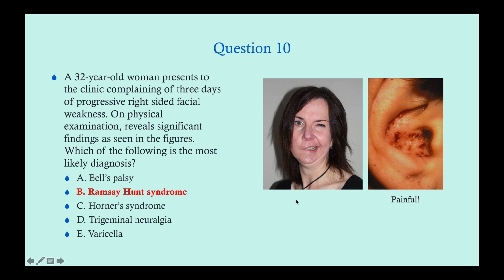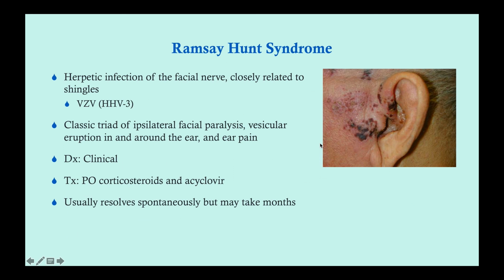These patients will get paroxysms of pain on the face. They're not going to have anything like this going on around the ear, and they're certainly not going to have any kind of weakness in the face. It's solely pain. And then varicella, you're going to have a generalized rash. So you get very similar looking lesions, but they're generalized over the whole body. And again, you're not going to have this weakness in the face.